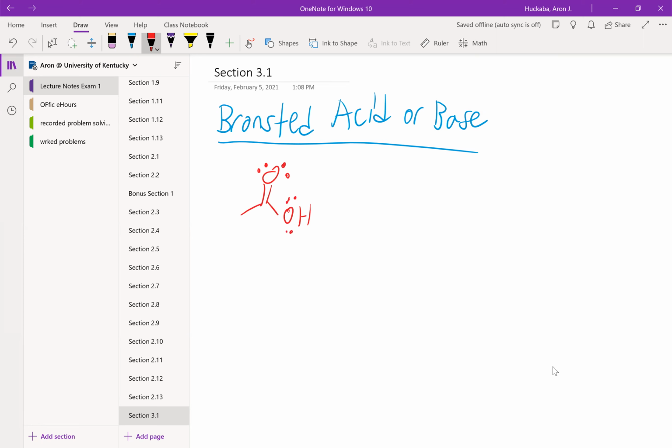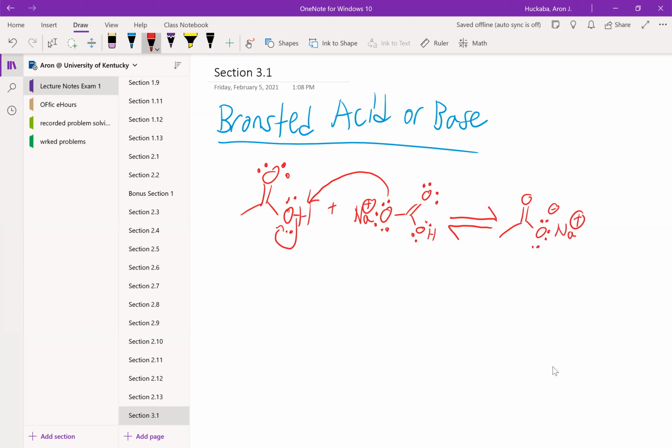So if we take acetic acid and we add to this sodium bicarbonate, what we get is some equilibrium between this oxygen taking a hydrogen, leaving us with sodium acetate and carbonic acid.